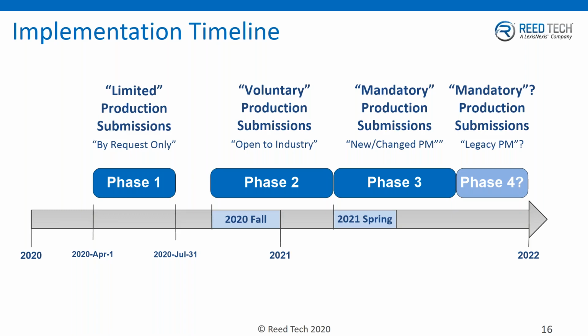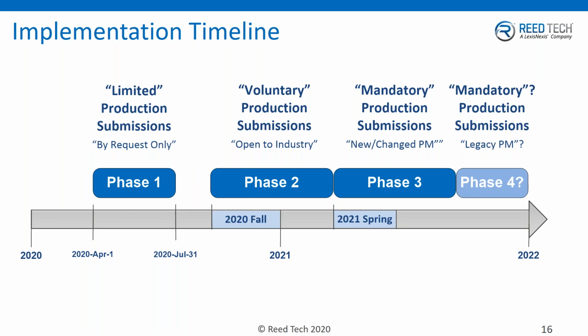This phase 2 is a voluntary production submission phase, and it's open to the industry. And again, if you qualify, you don't have that OTC and you have a 2016 template, you would be able to generate XML product monographs and submit and start to get engaged with this particular initiative as time goes on.